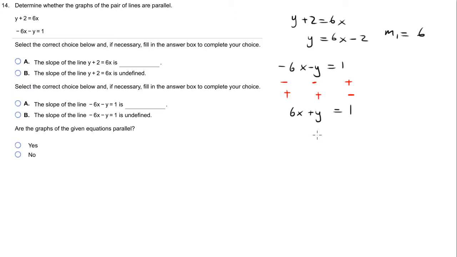Now let's subtract 6x from both sides, so y equals negative 6x plus 1. And this slope is negative 6, so no. The slope of this line is 6. The slope of this line is negative 6. Are they parallel? No.